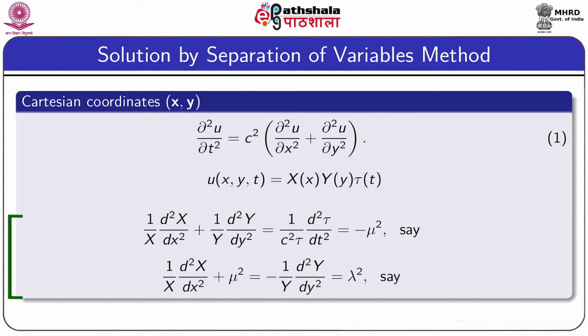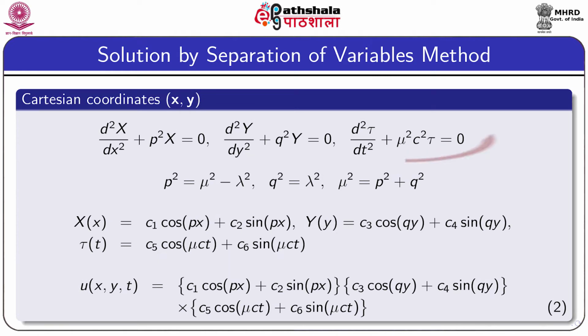So, first we separate the function of t from the function of x and y, and we assume the separation constant as minus mu square to obtain a periodic solution. Now, the equation for tau becomes d²τ/dt² + μ²c²τ = 0.